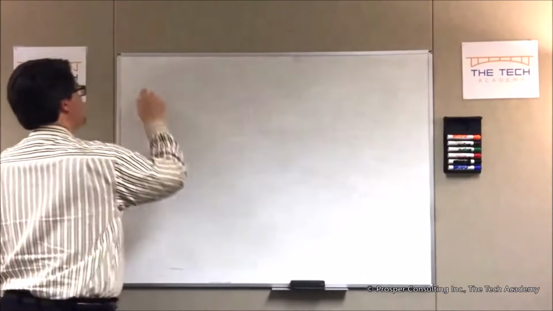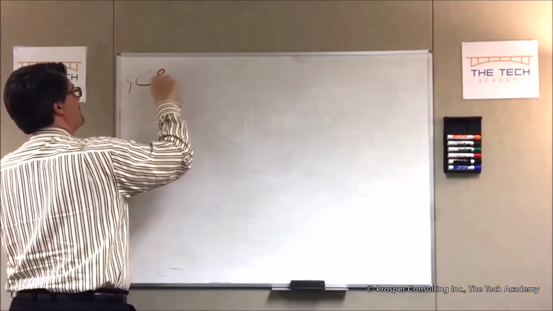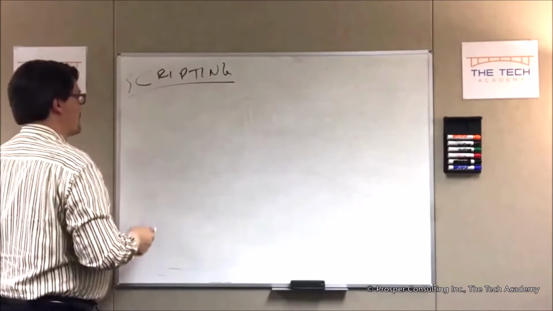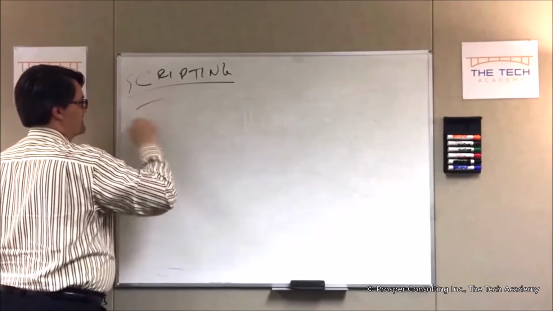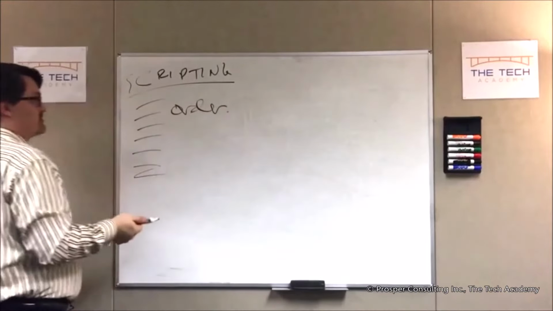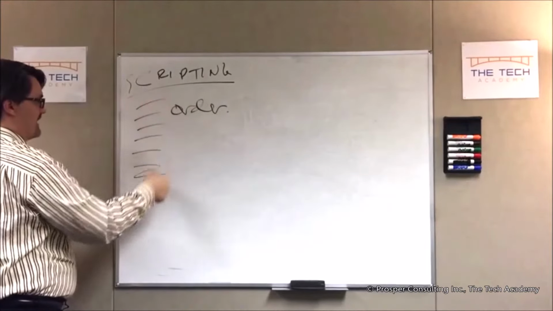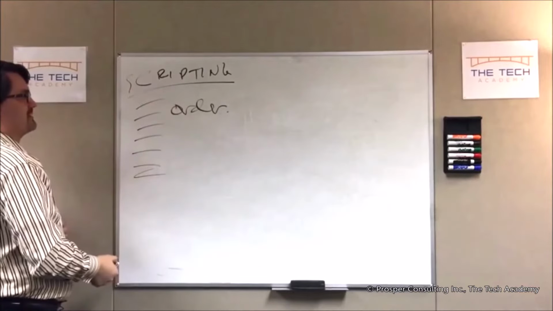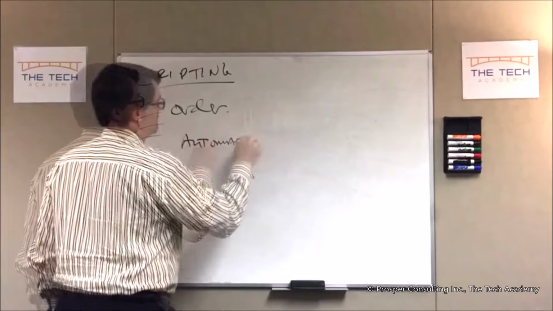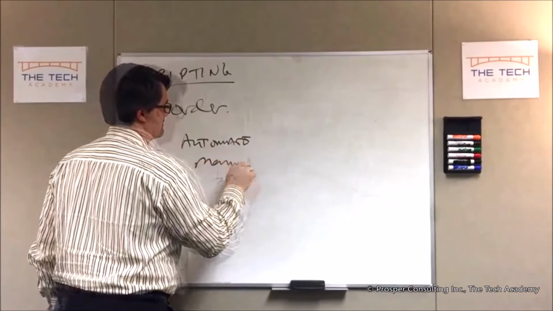Well, there's things like scripting. Let's cover scripting right now. A script is basically a series of steps to be done in order. Think of it as a movie script. It goes from beginning to end, and everything happens in that order. What this is meant to do is to automate manual tasks.